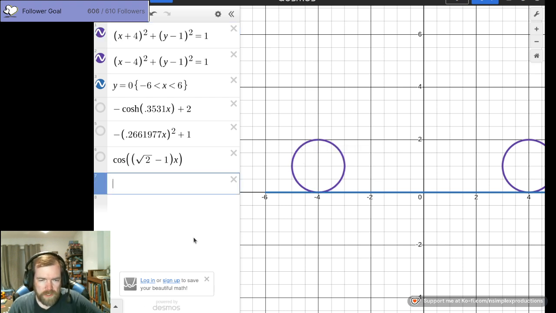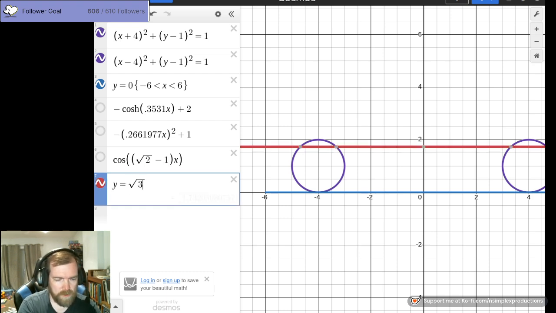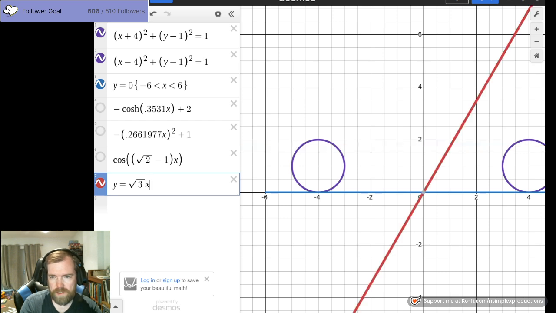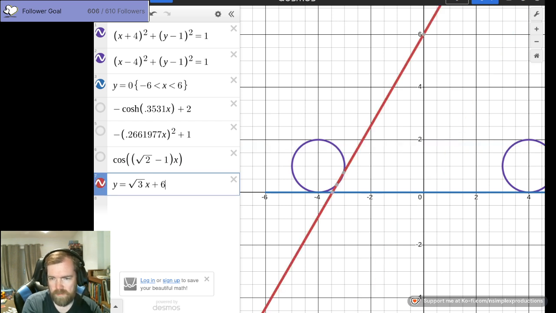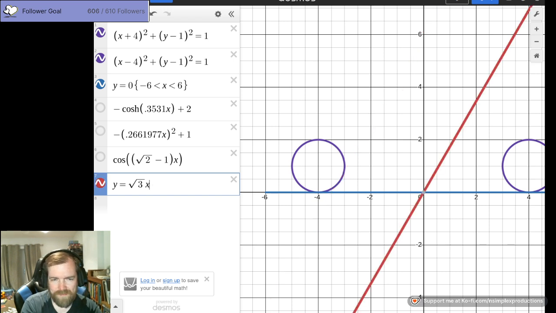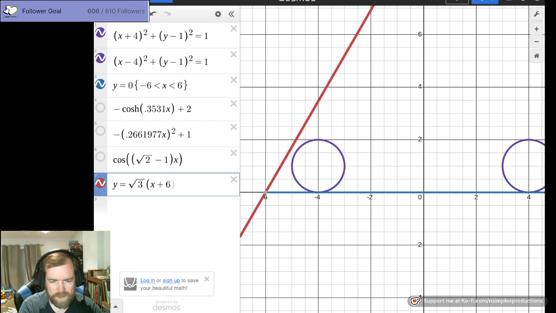And then the slope is going to be a 60-degree angle. Tangent is what, root 3 over 1? So like y equals square root 3 x plus 6, give or take.